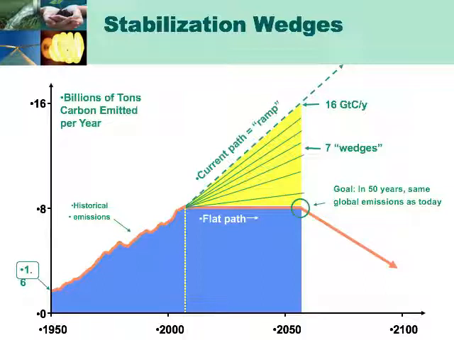So if we place these 7 wedges into place, it will allow us to reach our goal, which is in 50 years have the same global emissions as today. Because if we continue to increase at the same rate as we have for the 50 years, it could be potentially catastrophic for all life on our planet.